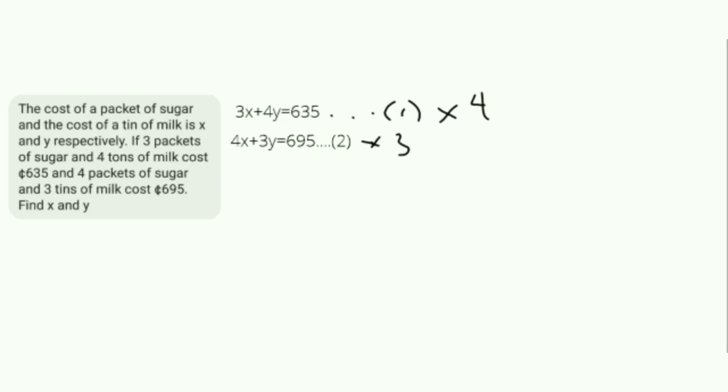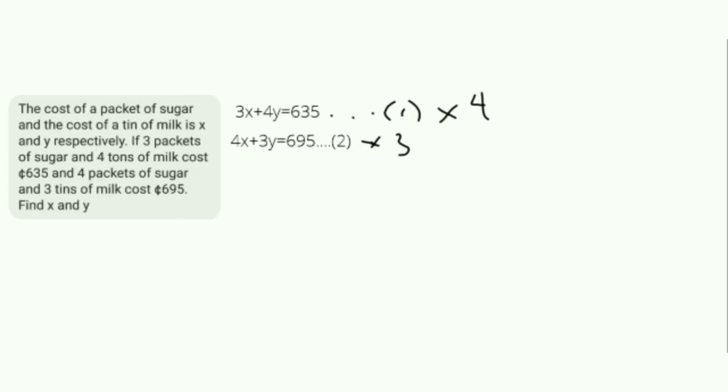When we multiply equation 1 by 4, we get x to have a coefficient of 12, and when we multiply equation 2 by 3, we also get x to have a coefficient of 12. And when they have the same sign, which here is addition, you subtract so that you eliminate it.